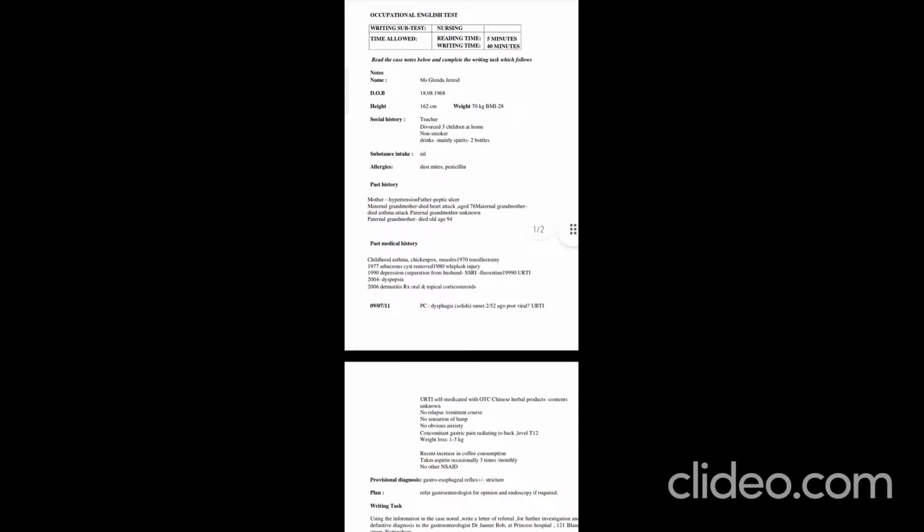Then you can see the presenting complaint, dysphagia, and we have to write that. Then we can mention that the patient self-medicated for upper respiratory infection, and no relapse. Weight loss is important. And in the social history, you have to mention the coffee consumption and that she takes aspirin occasionally, 3 times.